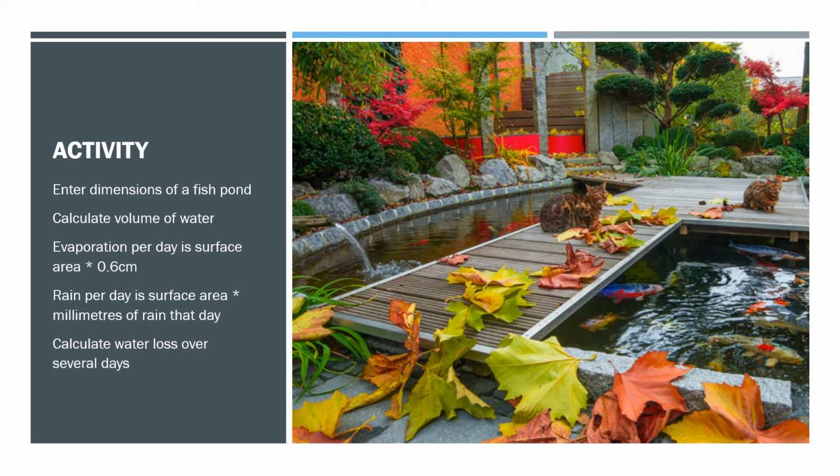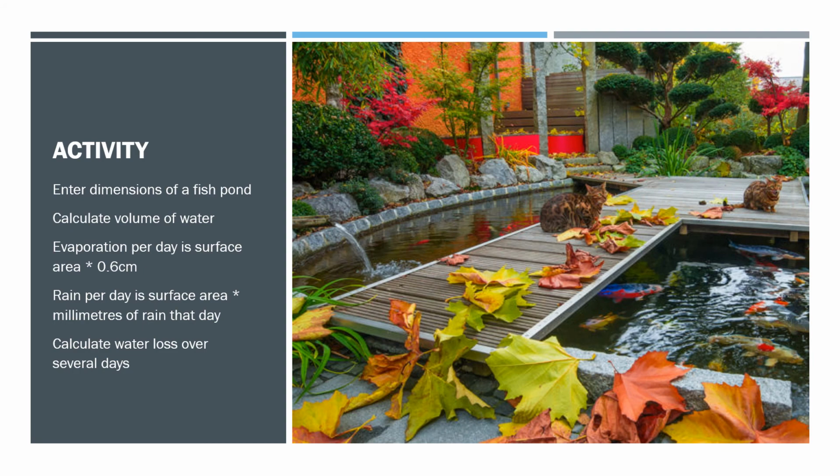How much water is gained by rain? And we could have the rain as the surface area multiplied by the millimetres of rain that fall that day. My picture's actually got a bridge which would protect some of the surface from rain, so if you wanted to take that into account, that's fine.